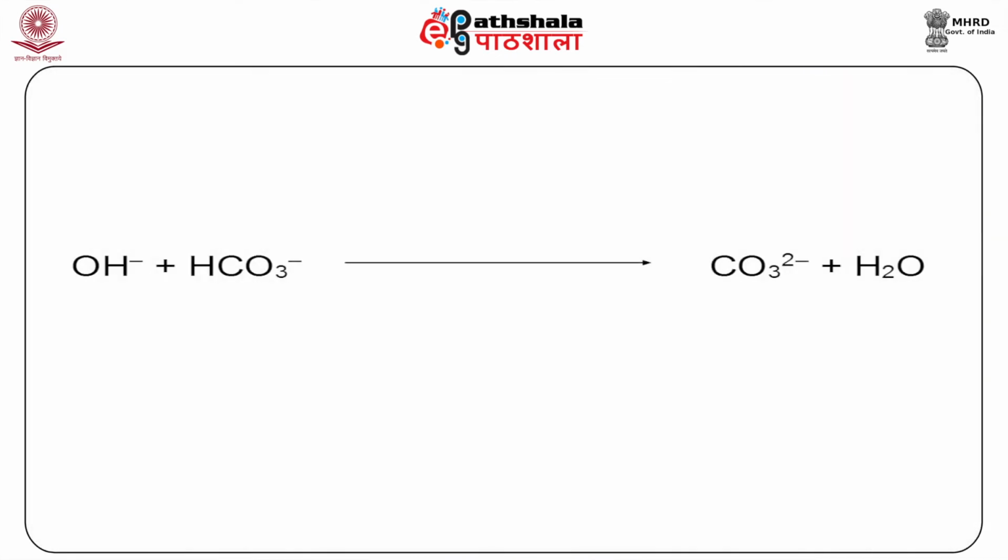Alkalinity of a sample of water is due to the presence of hydroxyl ions, HCO3- ions and carbonate ions, or a mixture of two ions present in them. The possibility of OH- and HCO3- together is not possible, since they will combine to form further CO3 2-, that is the carbonate ion.